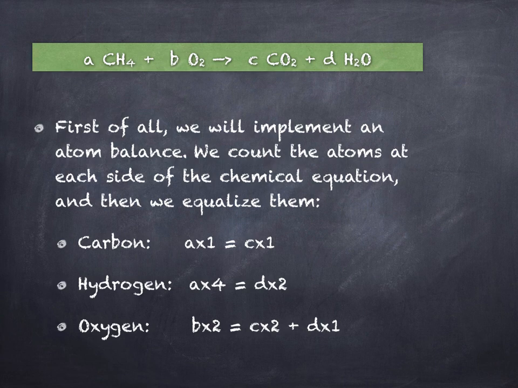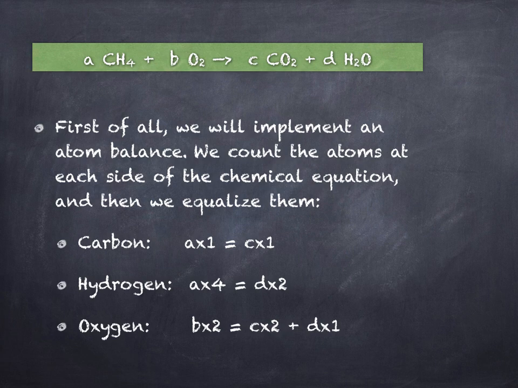There are 4 atoms of hydrogen in methane, multiplied by A, so A times 4, should be equal to, looking to the right side, in water there are 2 atoms of hydrogen. So if we multiply D times 2, that number should be the same, equal to the hydrogen coming from methane.